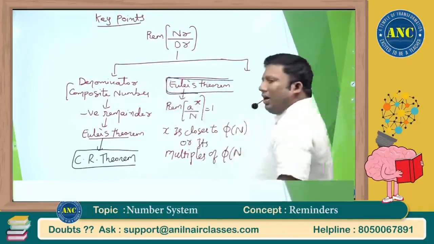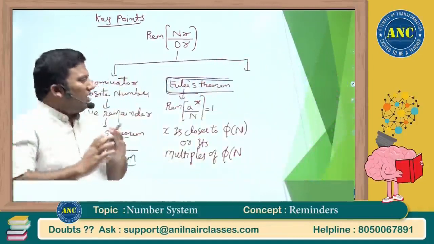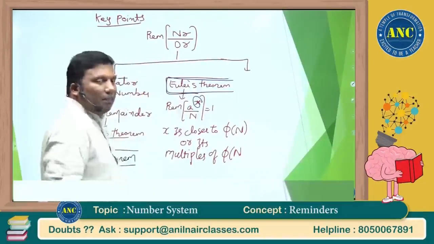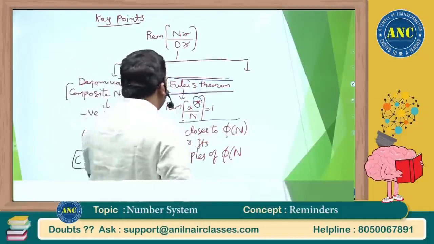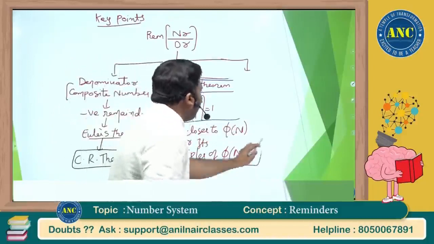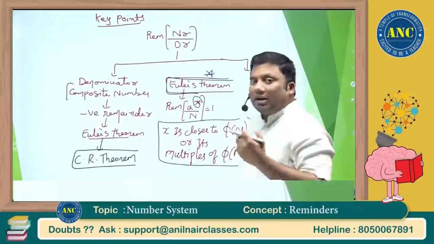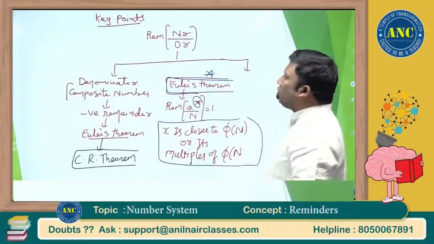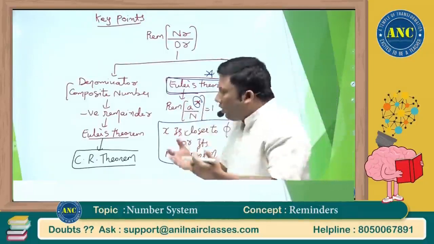Euler's theorem is the best method if the power of the numerator is closer to phi of n or multiples of phi of n. Please make a note of it, sir. If the power of the numerator is not closer to the totient function of the denominator, it might take a little more time.